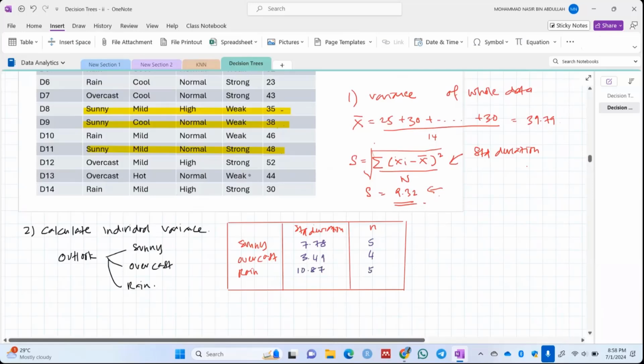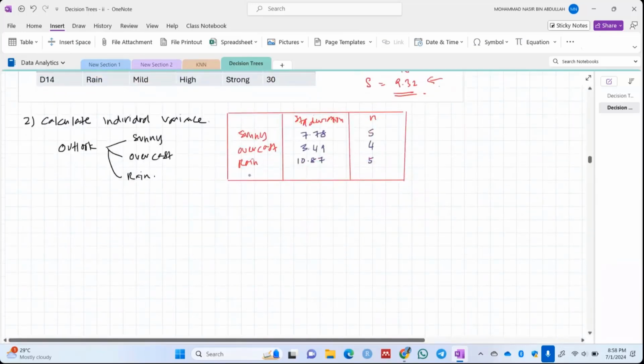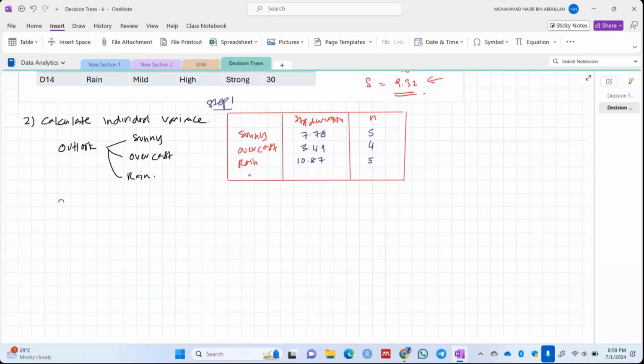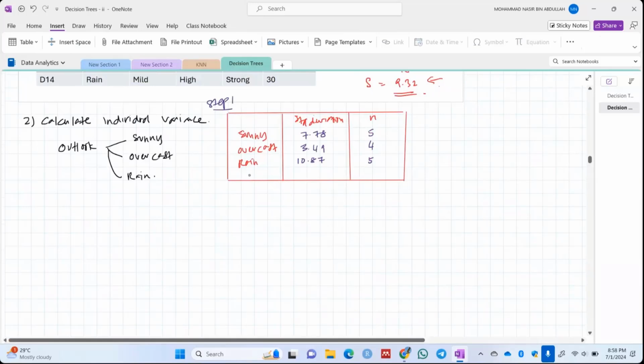Next, once you already have the standard deviation for each category, this is step 1. Step 2, right? For outlook, we need to calculate weighted standard deviation.